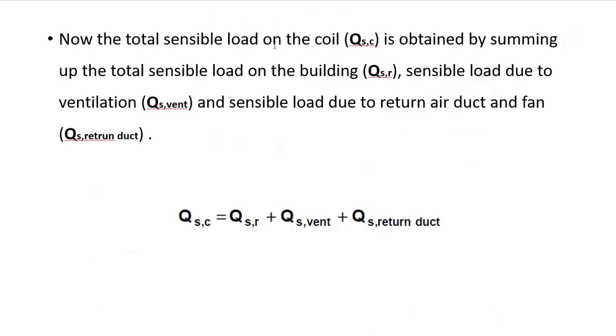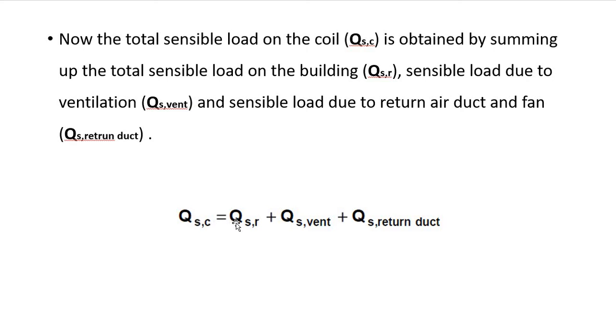So total sensible load on the cooling coil is obtained by summing up the total sensible load on the building and sensible load due to ventilation, and sensible load due to return air duct and fan. I will explain. So QSC, what is QSC? Total sensible load on the coil is known as QSC.